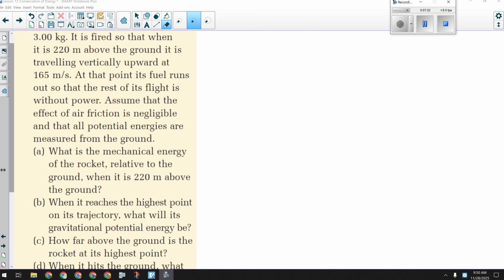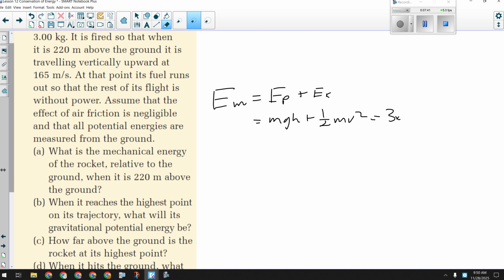All right, so for part A, we want to calculate the mechanical energy. That means add together the object's potential and kinetic energies. So that's going to be m times g times h plus 1/2 mv squared. So that'll be 3 kilograms times 9.81 times 220 meters, plus 0.5 times 3 times 165 squared.